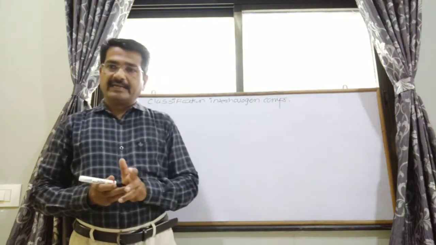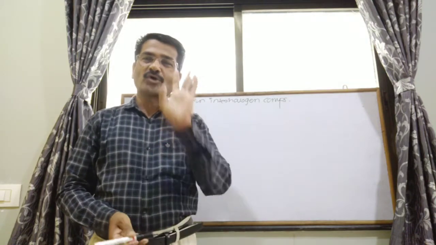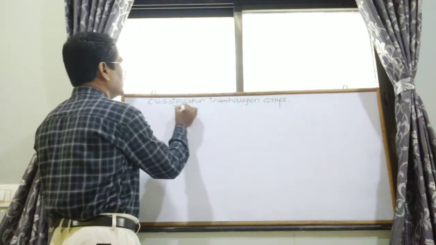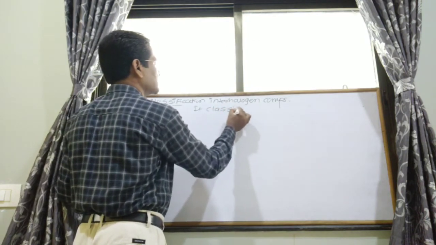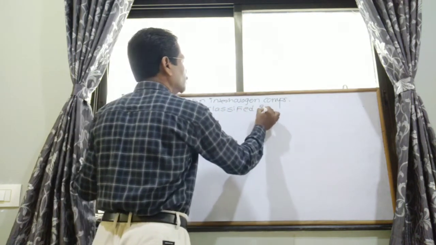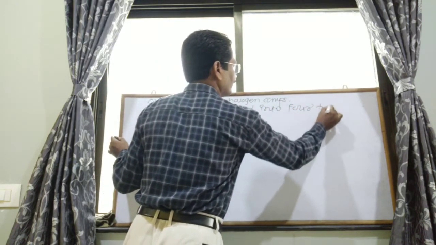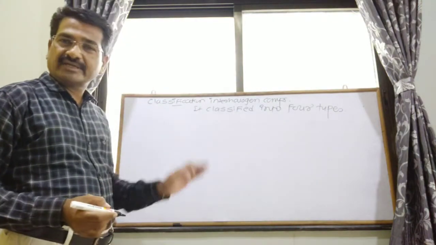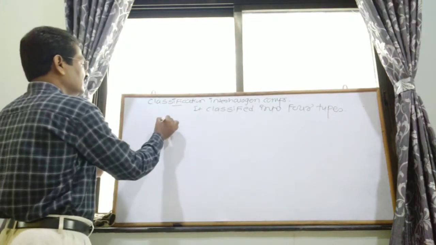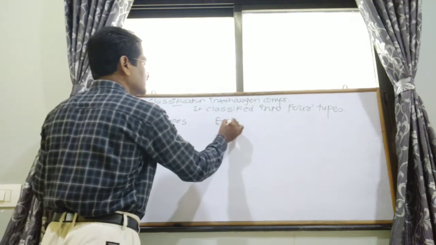Generally, interhalogen compounds are classified into 4 types. 4 types of interhalogen compounds can occur, with their types and examples.